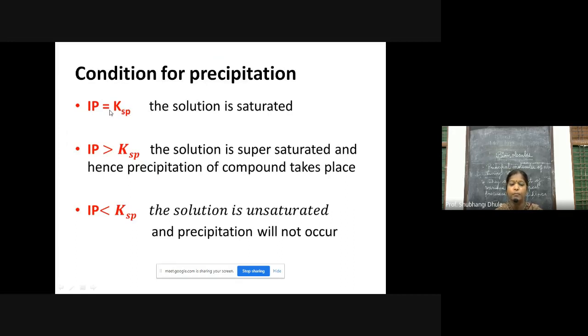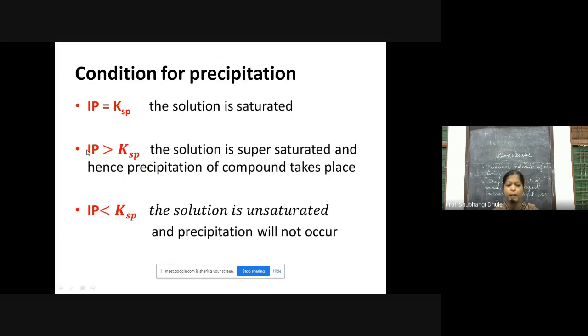If the ionic product is equal to the Ksp value, then the solution is saturated. The solution does not precipitate, but it becomes saturated. So the limiting value of the ionic product is called the solubility product, for your understanding.